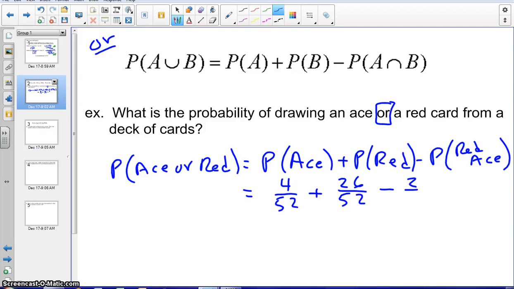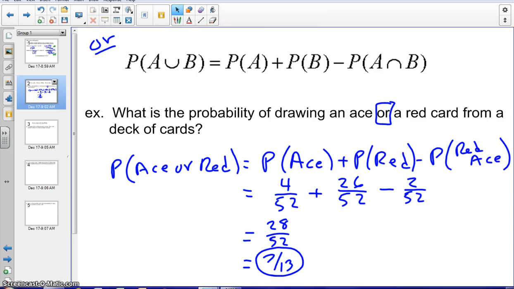So we need to actually subtract off those 2 aces that are red because we've counted them twice. And if we go ahead and solve that, we would get that to be 7/13.